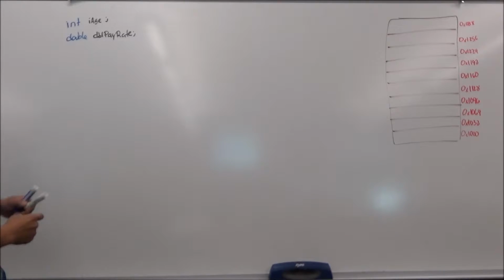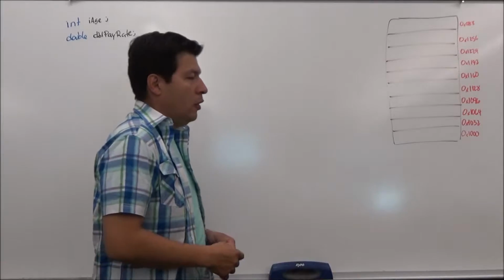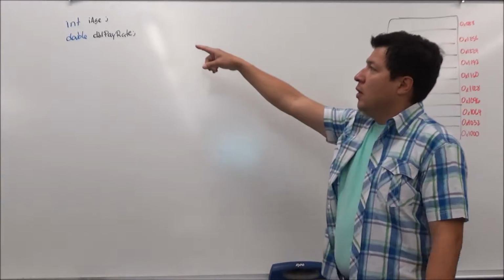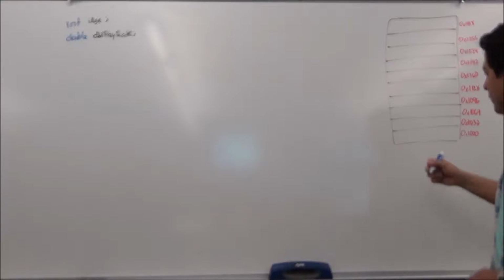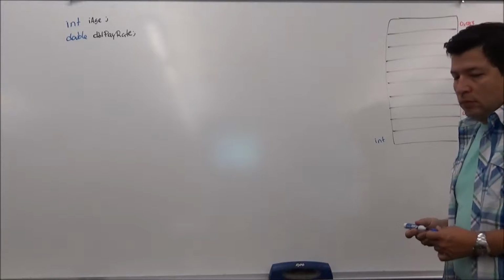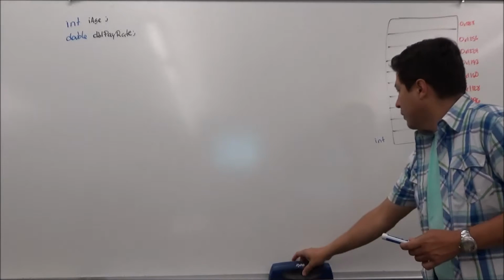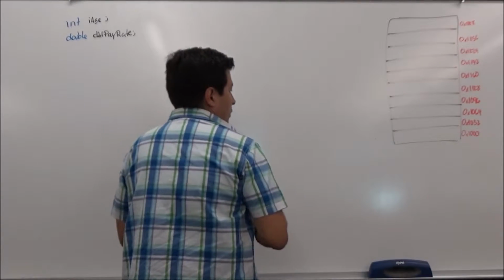When you declare those variables inside the main, of course, the operating system is going to come here and say, you want an integer. Okay, this address is available. There's going to be an integer. And actually I'll write it next to it. So this is the age.